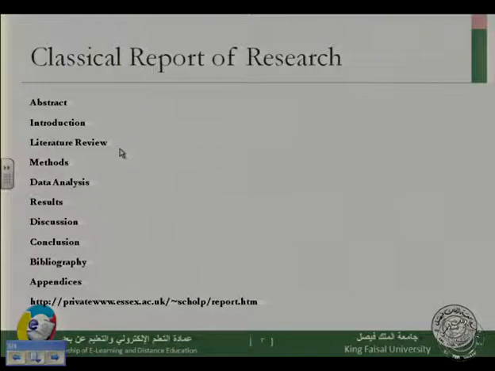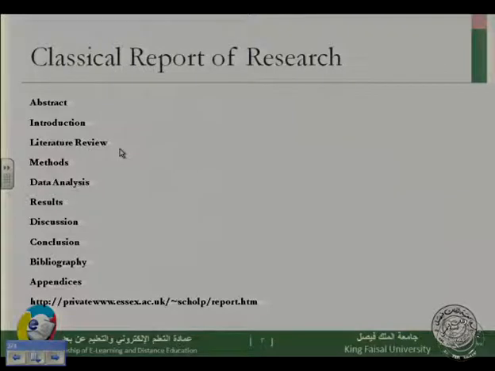Conclusion: if it is a very lengthy research, we need a conclusion from that. You give us the conclusion and a summary about your research to remind us about what you have done through your research. And then bibliography, you give us the list of books and articles, and we have a special way to present bibliography.